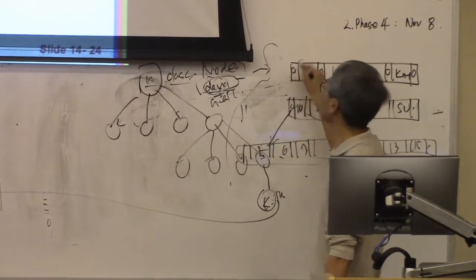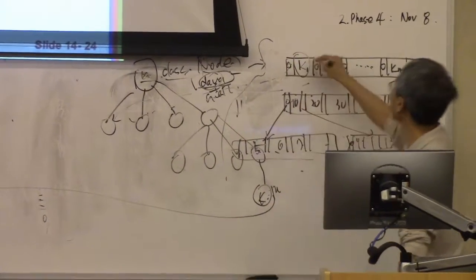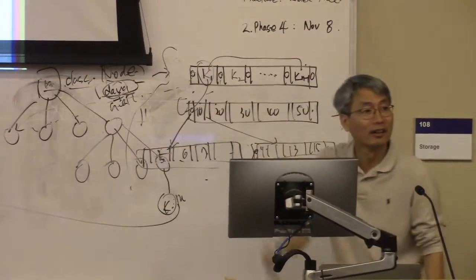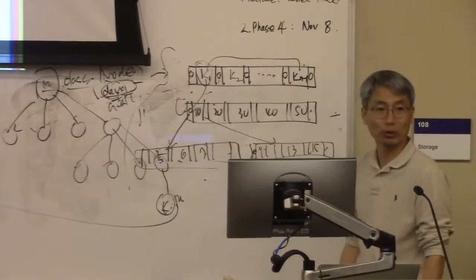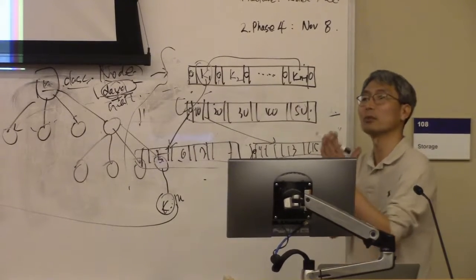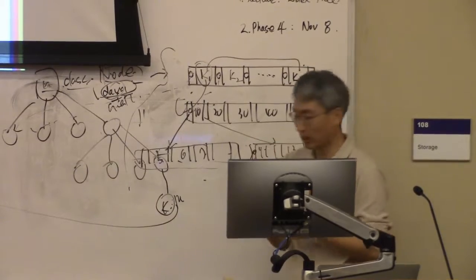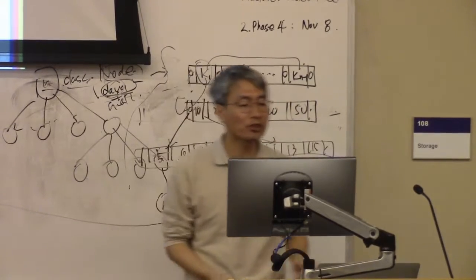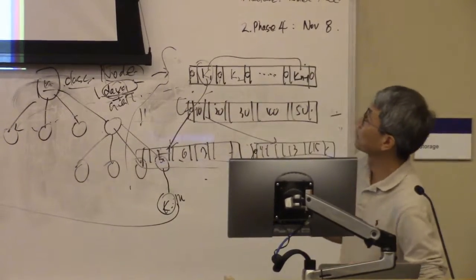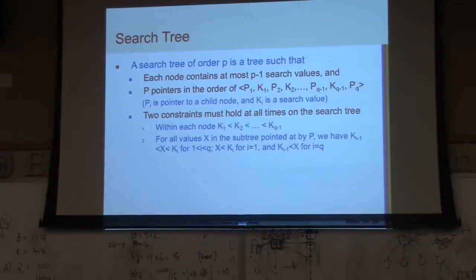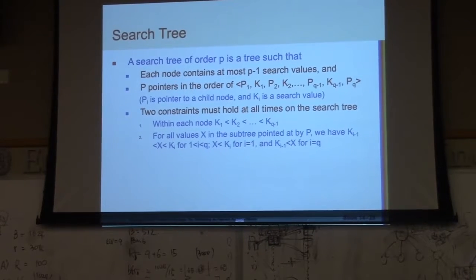And insert the data. And if this one is full, then you can create the next one, the children, like that. It's a kind of extension of the binary search tree. So this is called the search tree. Next, this one is the pointer key.